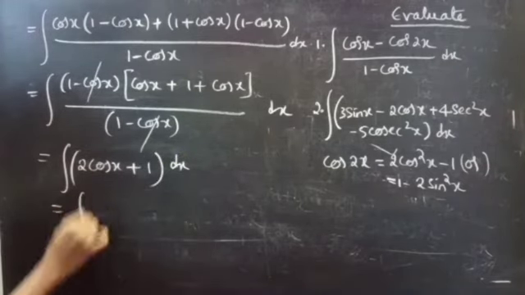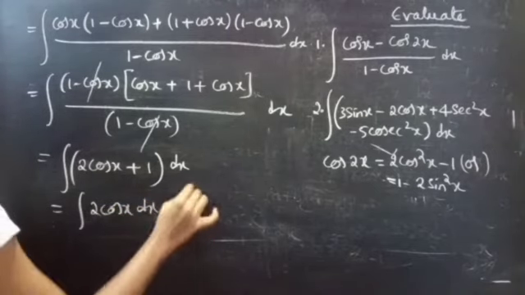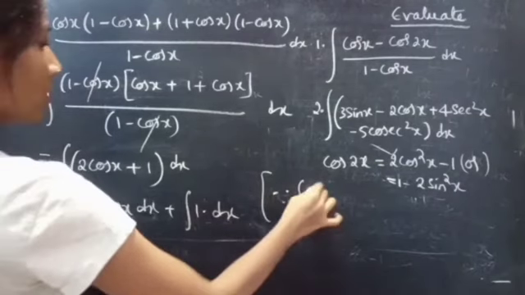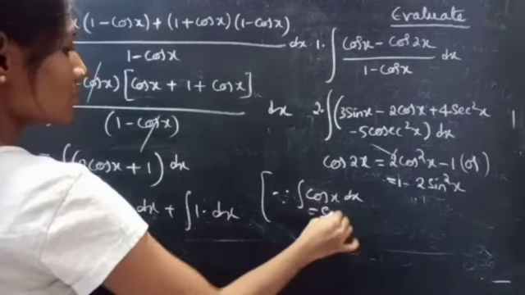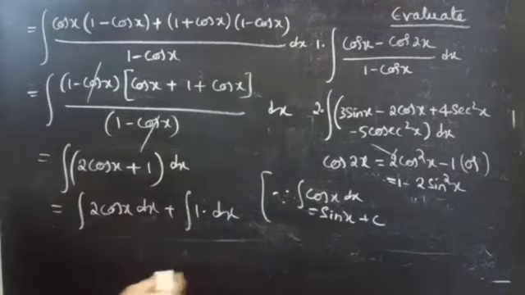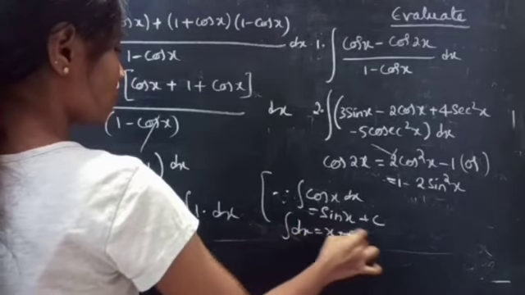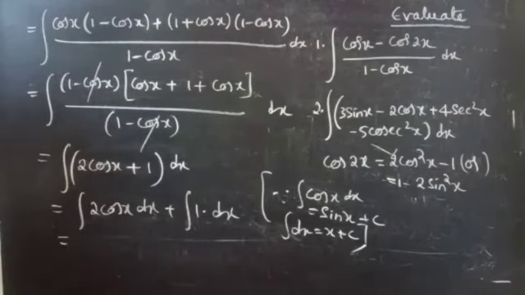So we can write it as integral 2 cos x dx plus integral 1 into dx. Since we know that integral cos x dx equals sin x plus a constant, and integral dx equals x plus a constant. Now take the constants outside the integral.